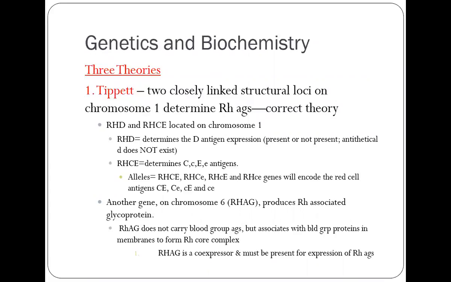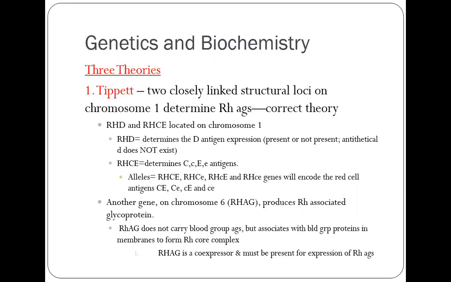There are a couple of different theories that were thought of to explain the inheritance of the Rh antigen. The most postulated theory is the Tippett theory, which describes the Rh blood group system antigens as being encoded by two closely linked genes: RhD and RhCE, which are both located on chromosome 1.